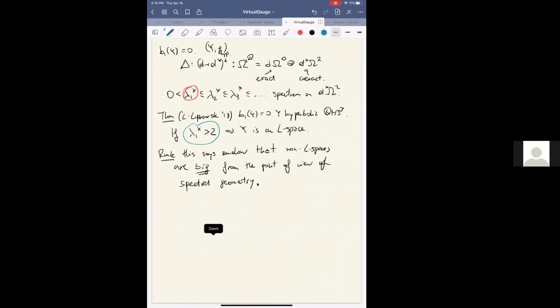For example, at the moment it's unclear whether large surgery on a null space knot gives a solution to the Seifert-Witten equations or not. Proving something like that with these tools would be very cool. Unfortunately, when the injectivity radius goes to 0, lambda 1 star also goes to 0 on a rational homology sphere, so the criterion doesn't apply there.